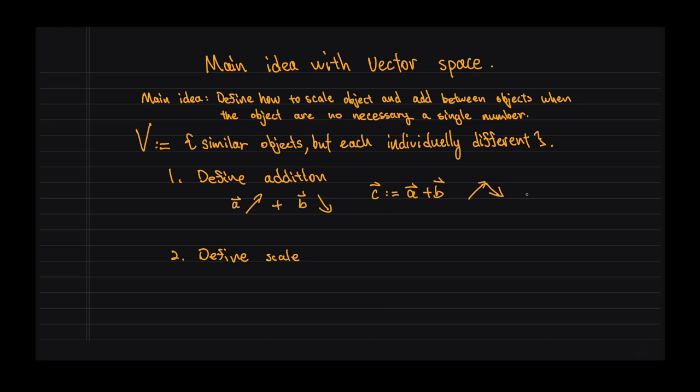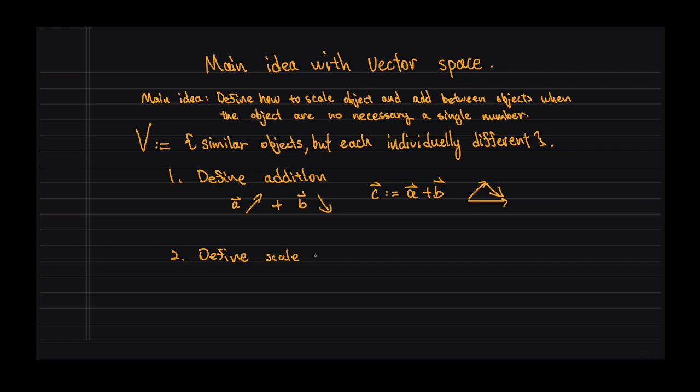Arrow C just connects the tail to the head. Yeah, so that is the arrow C. One thing to notice is that the arrow is not a number. As we said before, we don't use coordinates, so they cannot be expressed as a number.